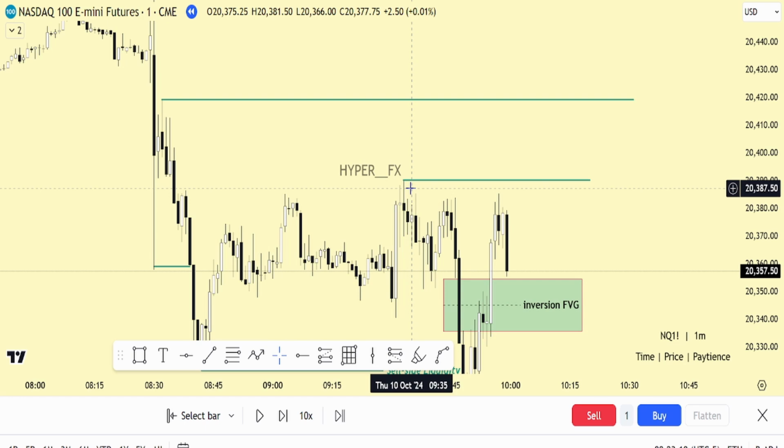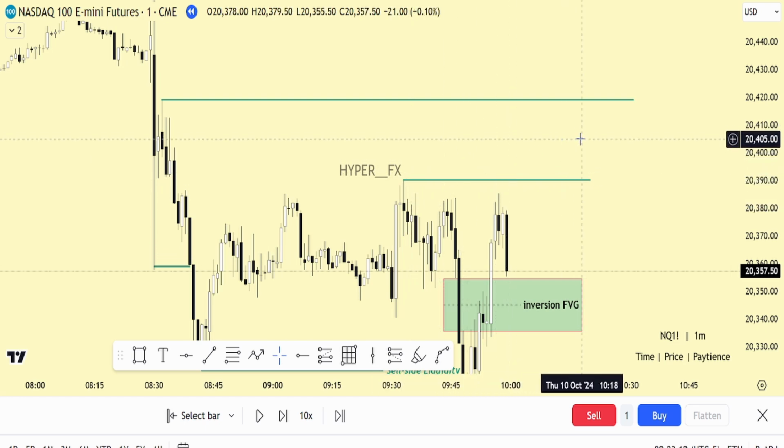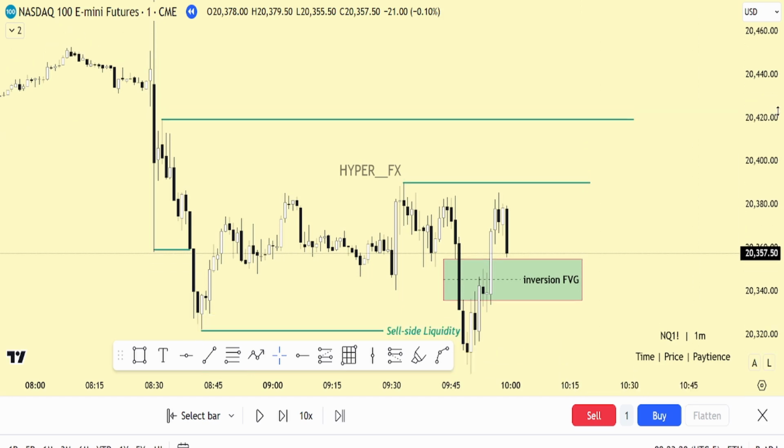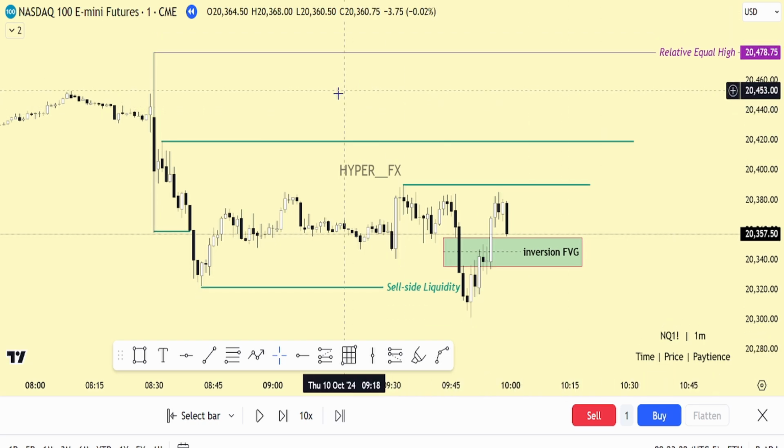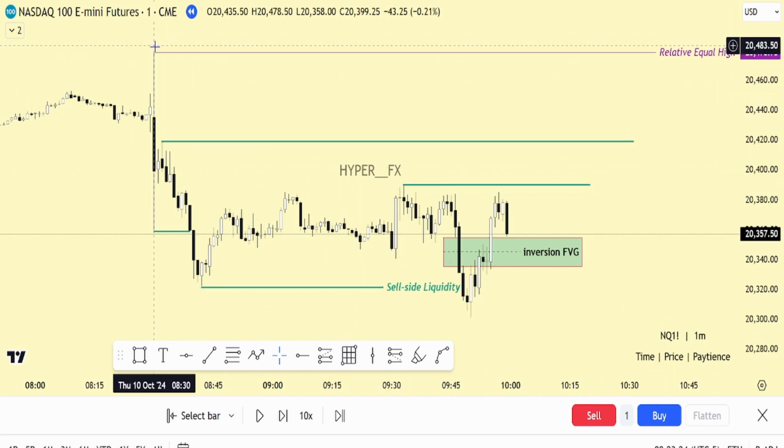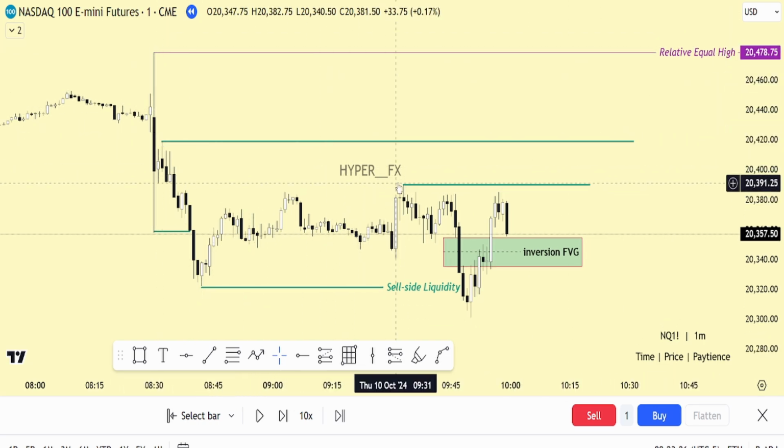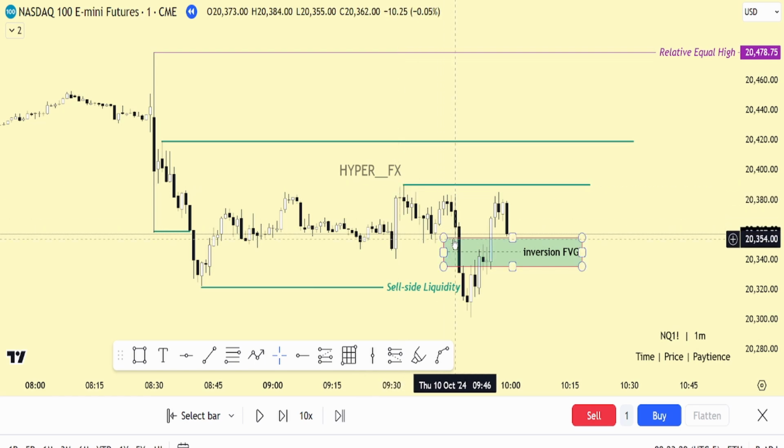So you can see, I hope my mic is not disturbing me. So you can see that we have relative equal highs hanging here, and once you have seen these highs, you will be able to use them as take profit points.